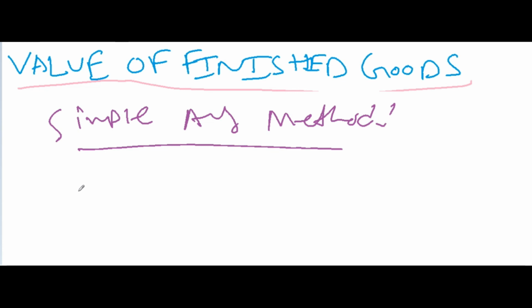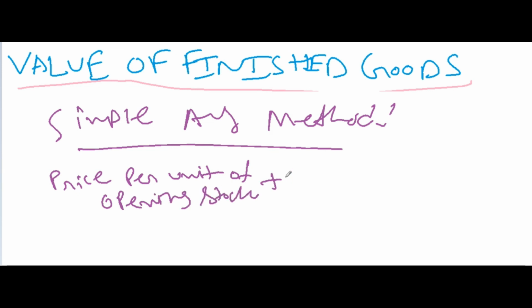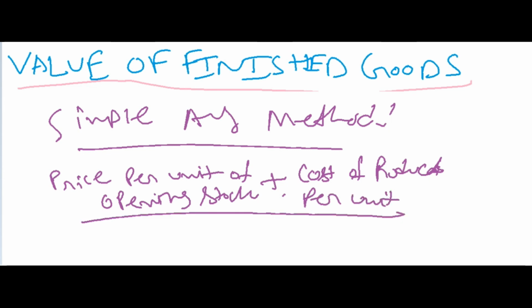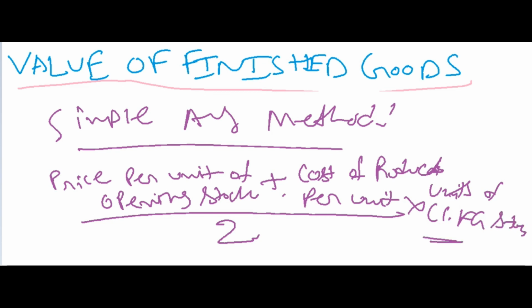It is price per unit of opening stock plus cost of production per unit, divided by 2, that is the average, into unit of closing FG stock. So clear? This is a very easy method.